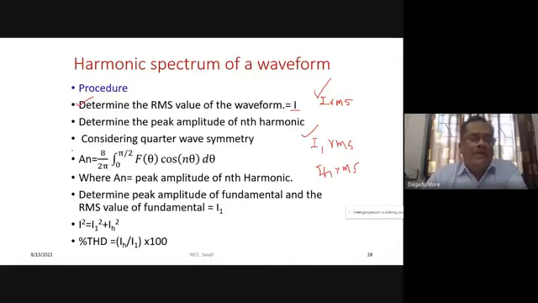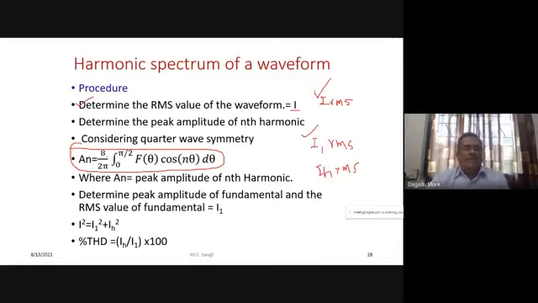And now we are using the expression for An, the peak amplitude of the nth harmonic, and that expression is 8 by 2 pi, integral 0 to pi by 2 of f(theta) cos n theta d theta. For that we want to have quarter wave symmetry, so we shift the origin, and solving this, we will get the value of I1 RMS.